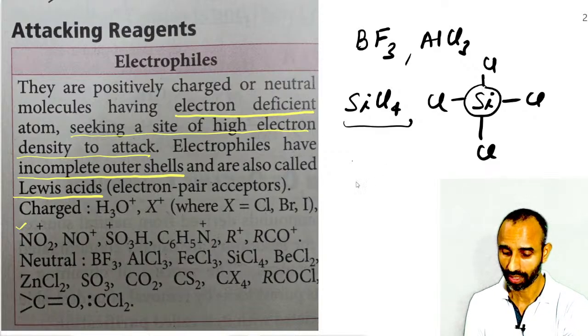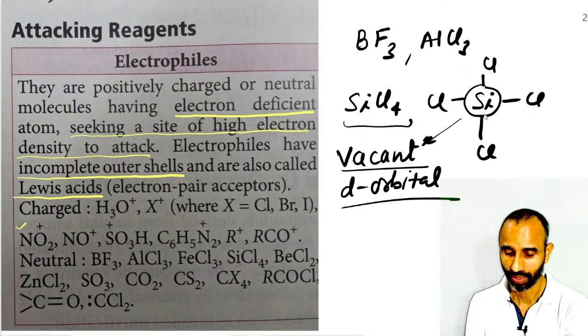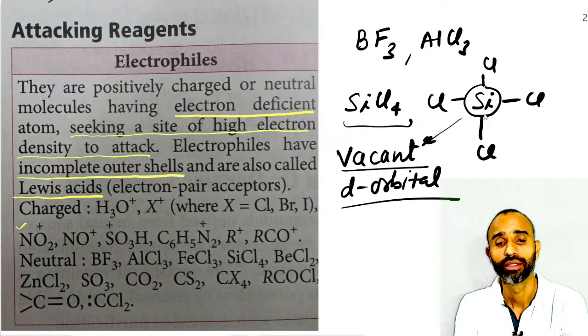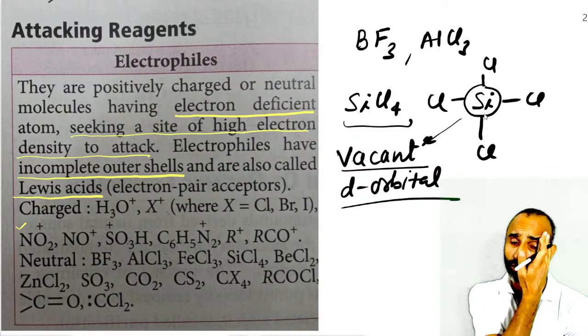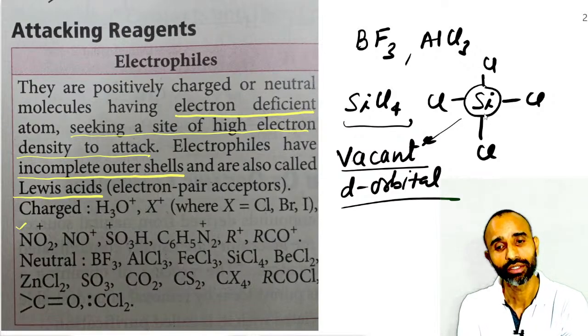Because it has a vacant d orbital. Does the same reason follow for aluminum and iron? Yes, same reason, because they have either incomplete d orbital or vacant d orbital.